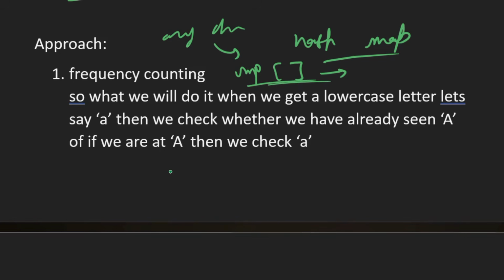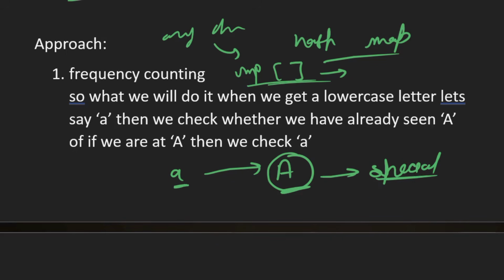Suppose we get small a, then we check whether capital A is already present in the map or not. If it is already present, then we have small a and capital A, which means this is a special letter. The other case can be, if we are currently at capital A, then we see whether we have small a in the map.